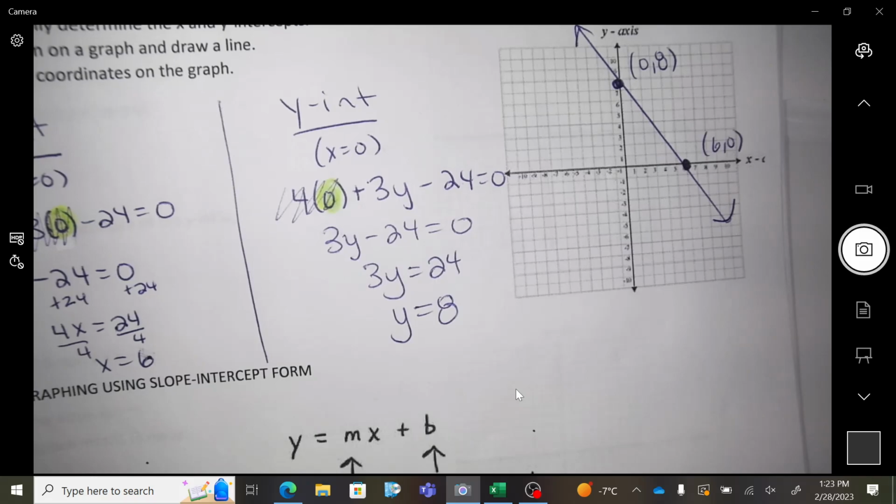And then when you're done, you can check that we matched our numbers, and then you'll graph it.